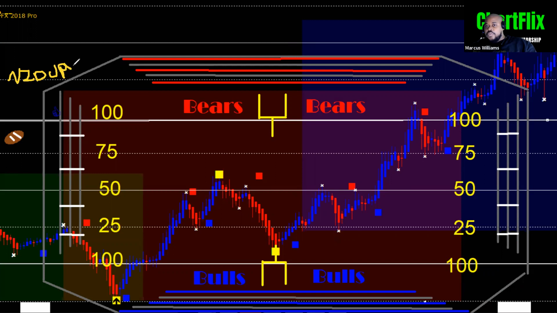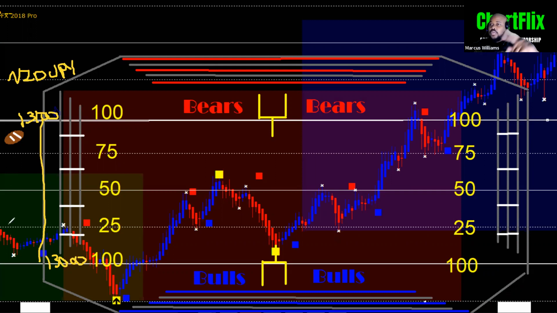So let's just say this Forex pair was New Zealand versus the JPY, and let's just say this price line is 130.00 and this line up here would be 131. I'm setting up the field for you. So between this line and this line is 100 pips.